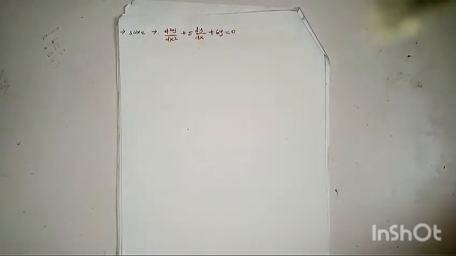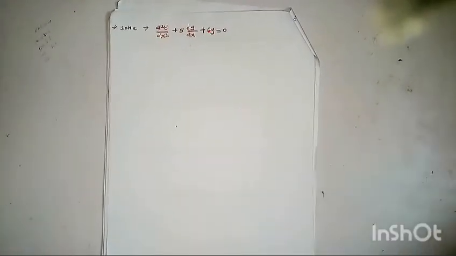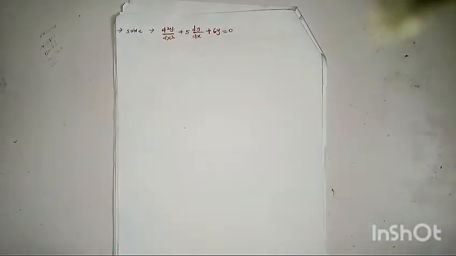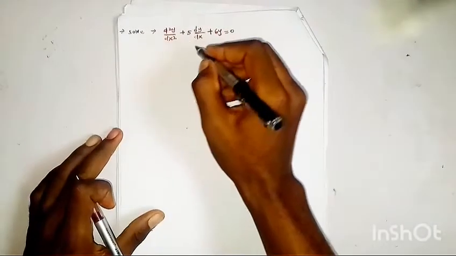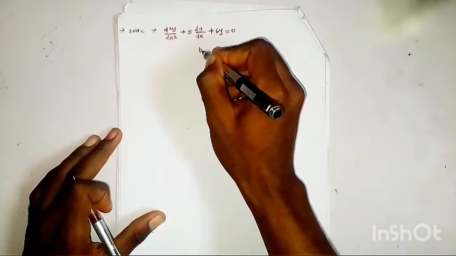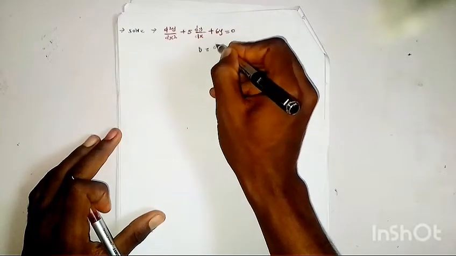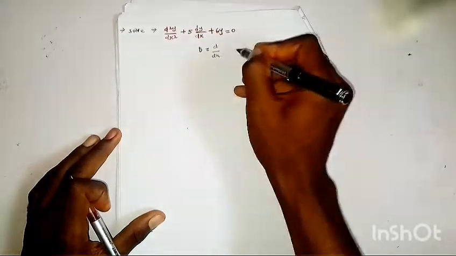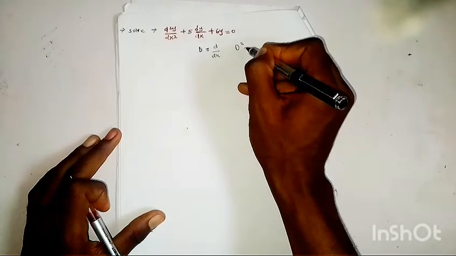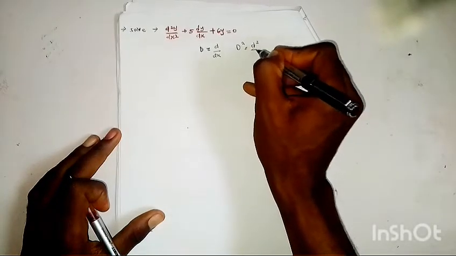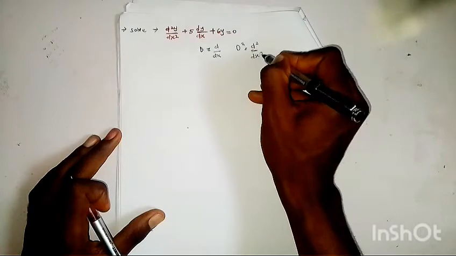Now, what does the operator D method mean or state? An operator D method means that D is taken as d over dx, and D square is taken as d square over dx square.